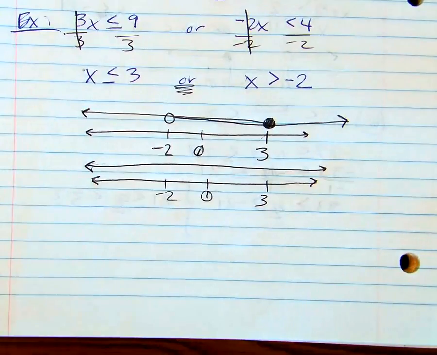And there is a specific response to this situation. Last chapter we saw weird responses like no solution and infinitely many solutions. For this, in an inequality, there is no such answer as infinitely many solutions. Because technically, every inequality has infinitely many solutions.